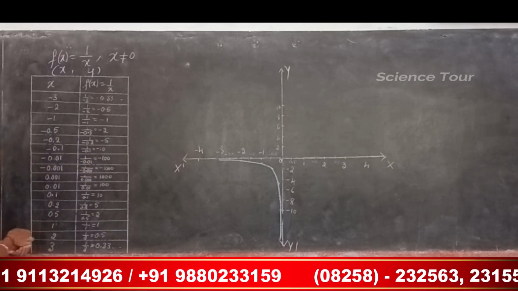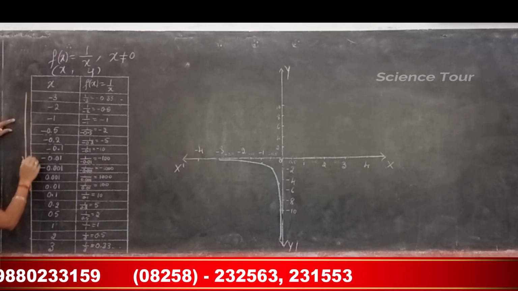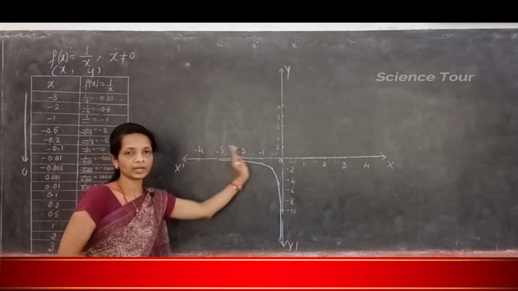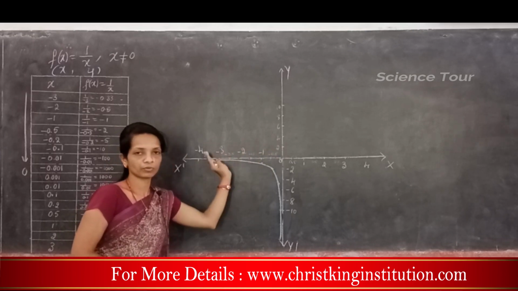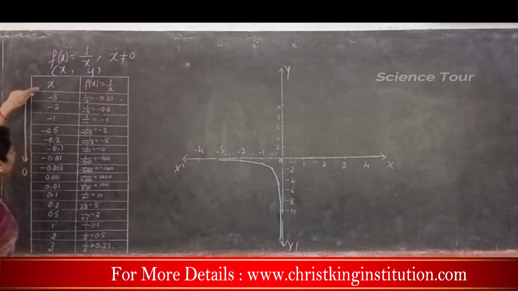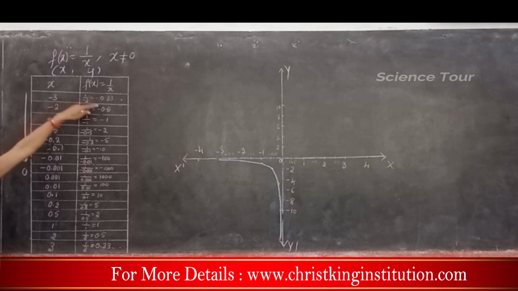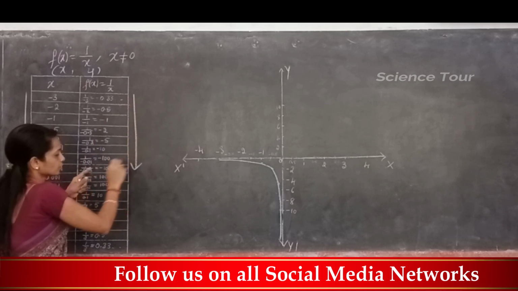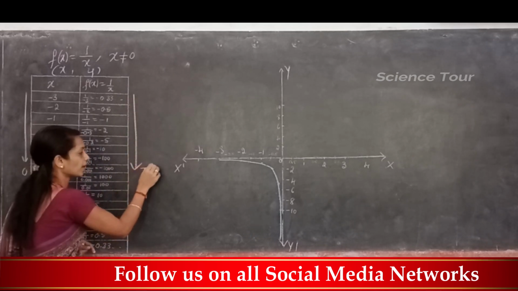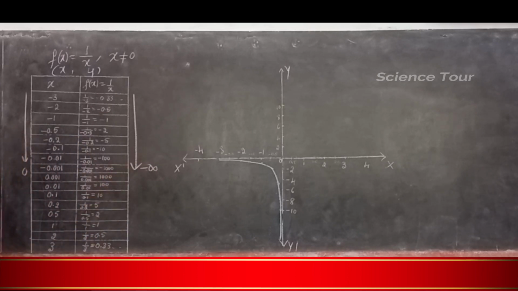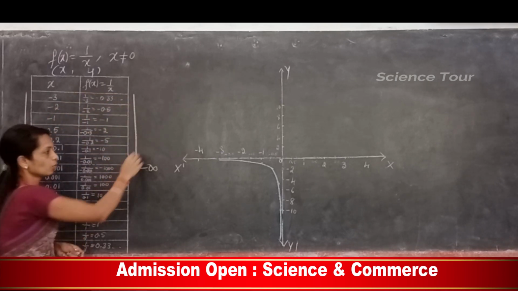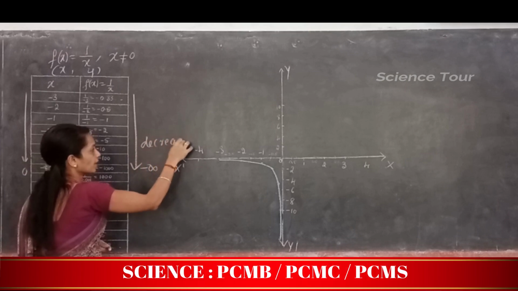So here we are giving a value of x closer to 0 from the left side. As you give a value of x closer to 0, f of x is taking smaller and smaller negative values and tends to minus infinity. As you give a value of x closer to 0, f of x decreases to what? That decreases to minus infinity.